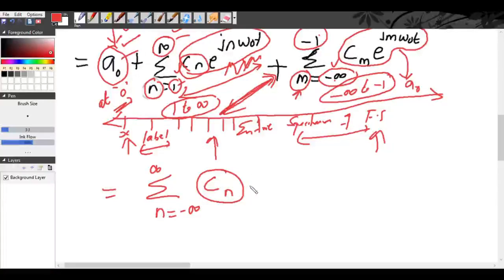So generalized, we can write c suffix n e power j n omega naught t.